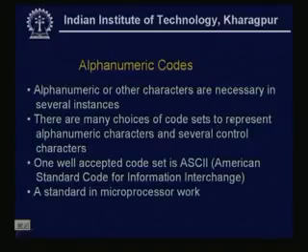Now, there are many choices of code sets to represent alphanumeric characters and several control characters. One well accepted code set is the ASCII, the full form is the American Standard Code for Information Interchange. This is a very well known standard in microprocessor work. So, what is this ASCII code?